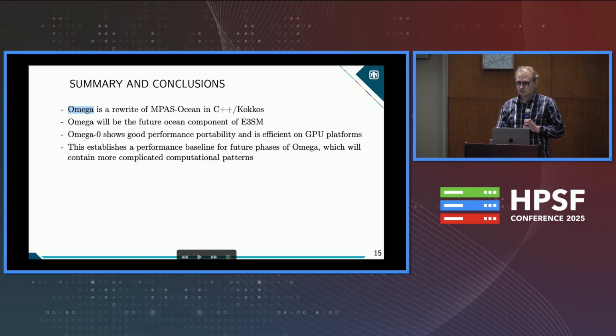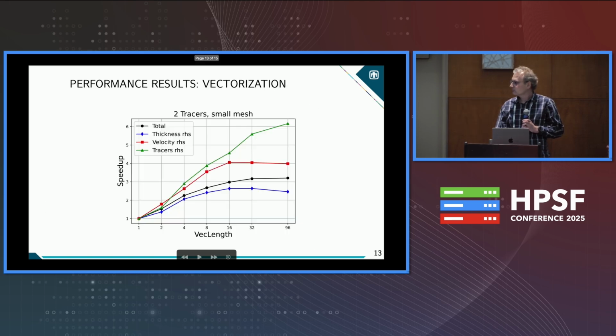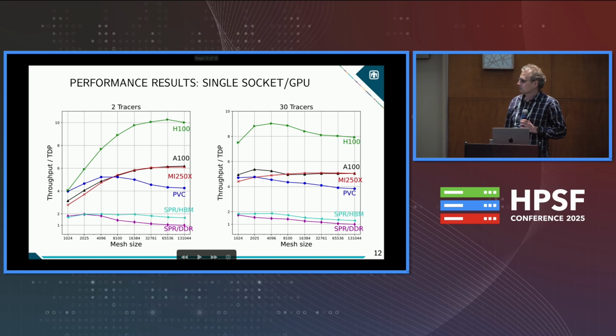One question I had is, with your TDP numbers and the PVC in this plot, did you use just one half of the MI250X, or both? So this was using only one GCD. Yeah, I kind of scaled it.